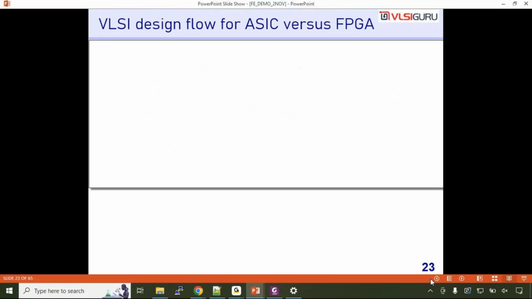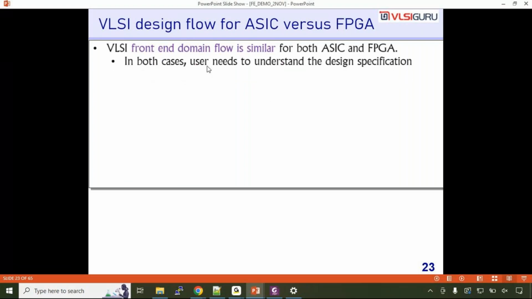The front end domain is similar for both ASIC and FPGA engineers, because in both cases you have to understand the design specification, and implement it using Verilog or VHDL languages.